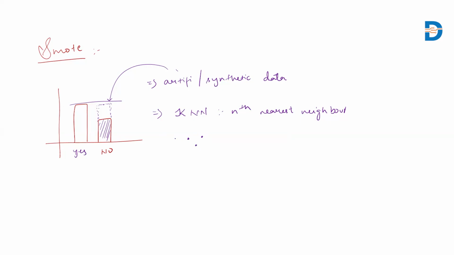That is 3 data points from the minority class, and the interpolation happens for the minority class data. A similarity would be calculated with the minority class data points, so for every k nearest neighbor, you interpolate between them by calculating the similarity of the data points. You try to create new synthetic or artificial data.